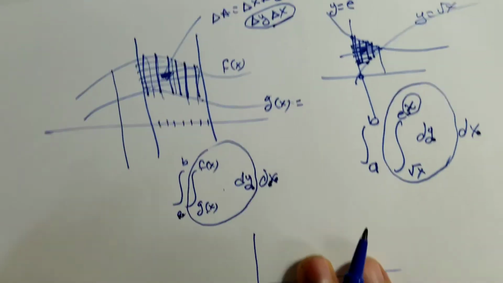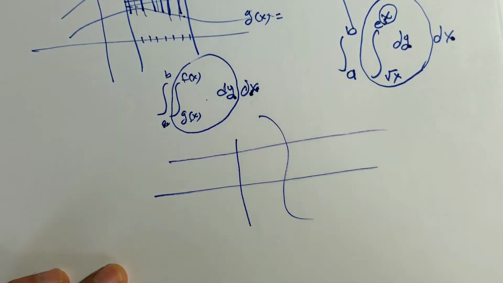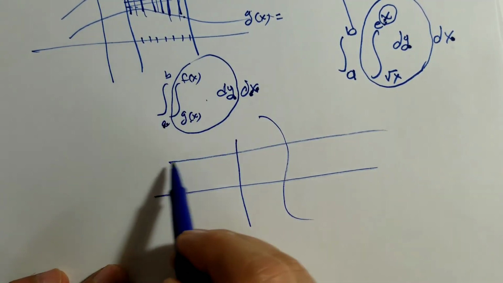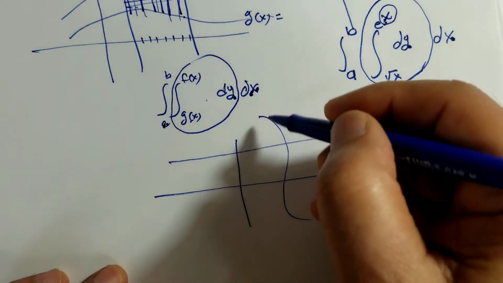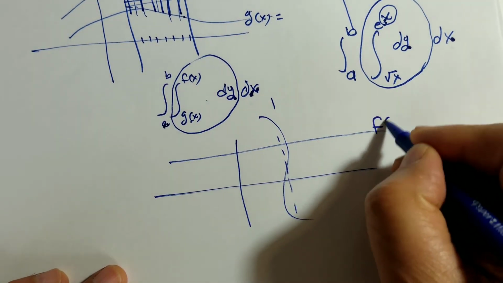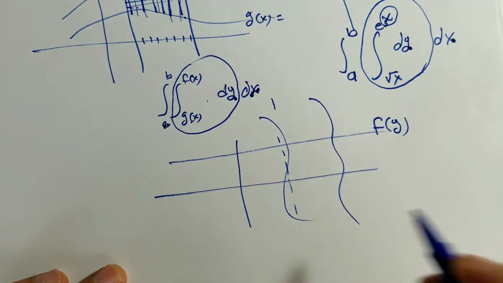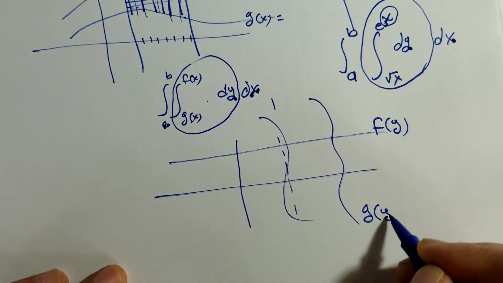But sometimes you have a function, but it's a function of y. Because remember, that graph is a function with respect to y, not with respect to x, because with respect to x it does not pass the vertical line test. Therefore, this is f of y, not f of x. And this one, I'm going to call it g of y.